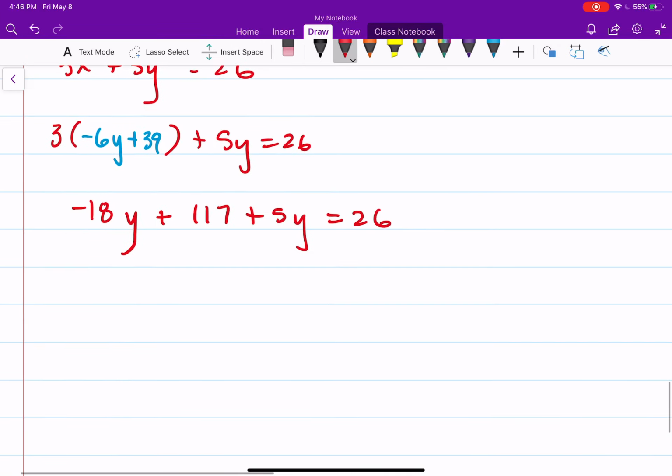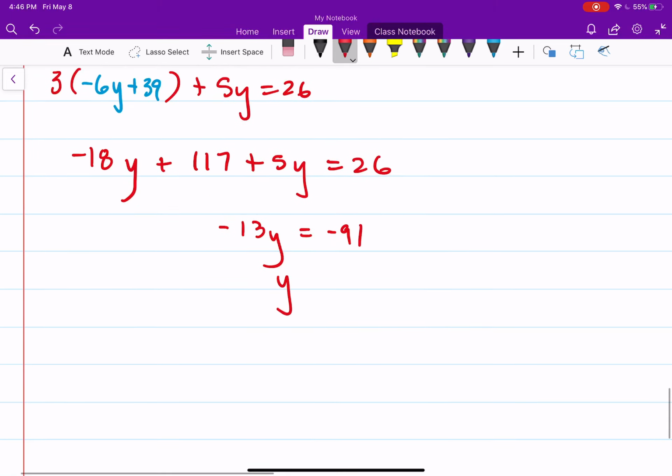Sorry about that. So I got negative 18y plus 5y gives me a negative 13y. And that's going to equal 26 minus 117. So negative 91. So y is going to equal positive 7.